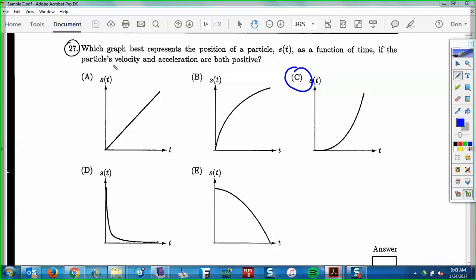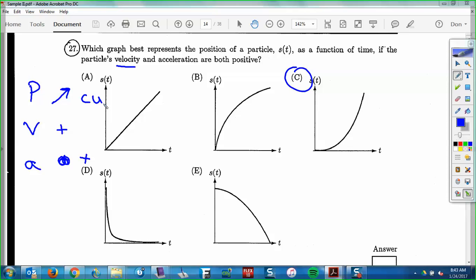There's several ways to think about it. Velocity is the slope. So if you're going position, velocity, acceleration, this is positive and this is positive. What does velocity positive tell you about position? If velocity is positive, what's this? Increasing, there you go. This one's positive, this is increasing. If this one's positive, concave up. So it's got to be increasing and concave up.